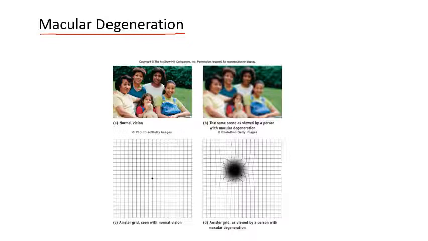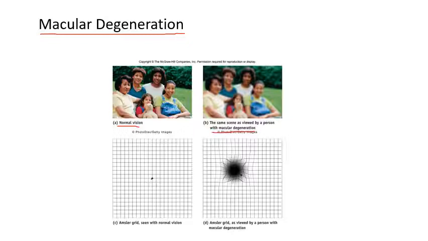Okay, and what you see is somebody with normal vision, if you focus on the dot, okay, you see all the grid lines, or if you're focusing at the picture, you're seeing a nice clear vision. But somebody with macular degeneration, okay, because remember, your eye is always going to focus your eyeball, wherever you're focusing, it's going to try to put that dot at the fovea centralis, inside that macula lutea.